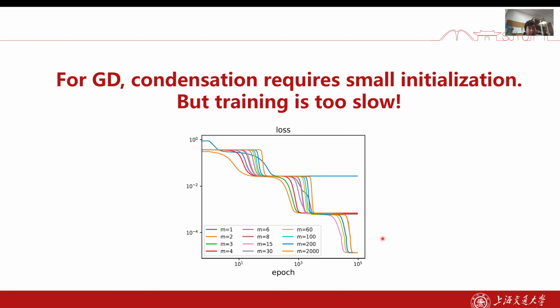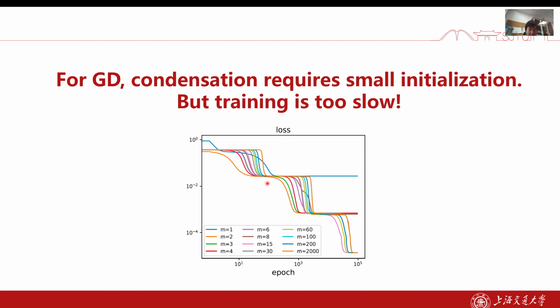For gradient descent, to have this condensation very significantly, we usually need a very small initialization scale. But once you have a very, very small initialization scale, another problem also emerges, which we have mentioned: the loss function during the training process will have multiple plateau stages.